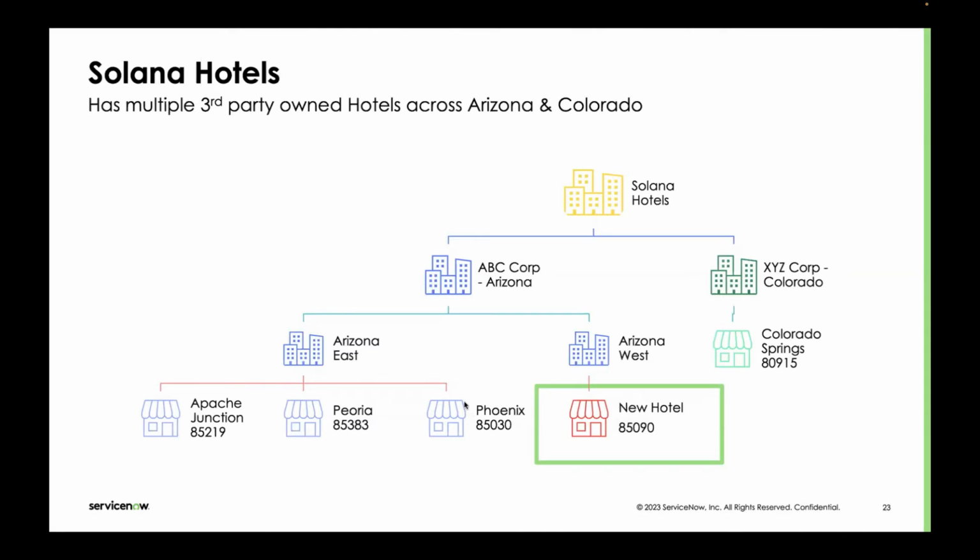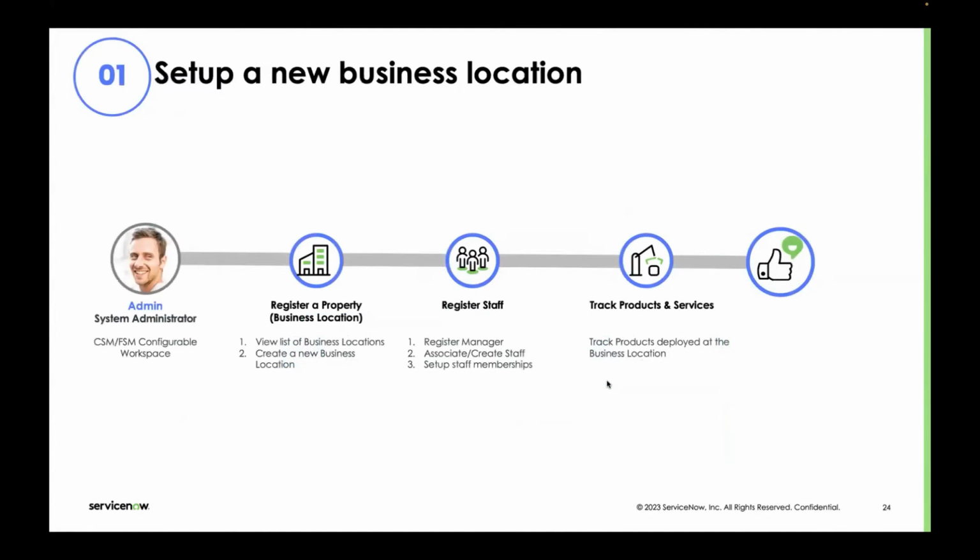Let's see how this is all going to be set up in the system. And just to build the story, ABC Corp has seen success with their association on the East, and they're going to expand on the West. With that, let me show you how a new business location would be created. For this, I'm going to take the help of the administrator.